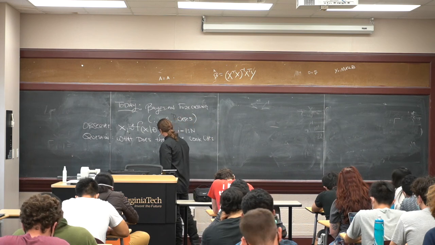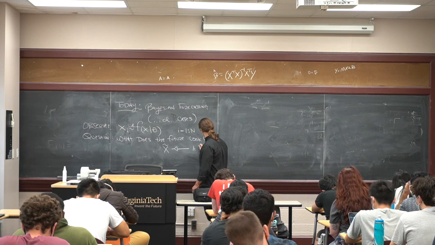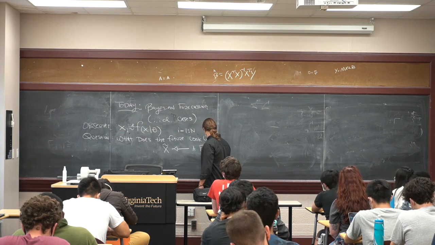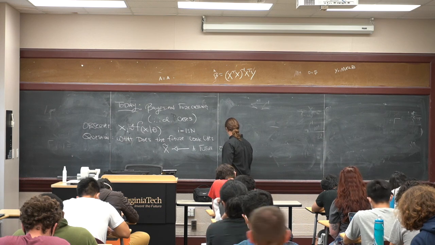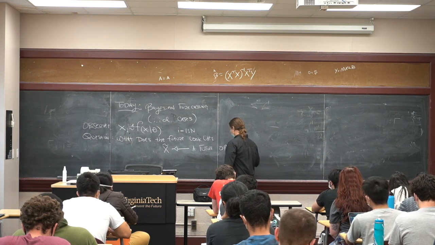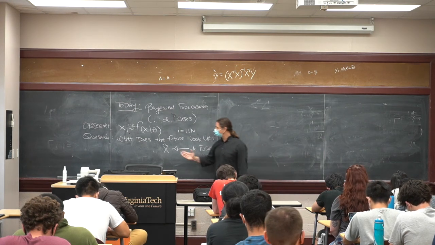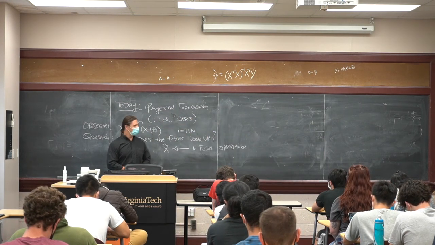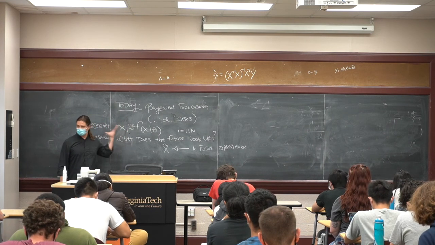And so really you want to know X tilde, a future observation. Given these xi's, what does this thing look like?